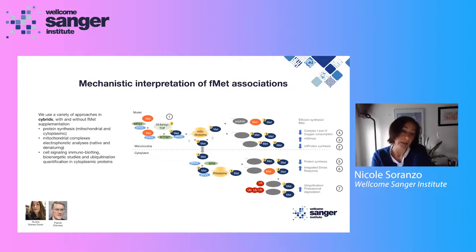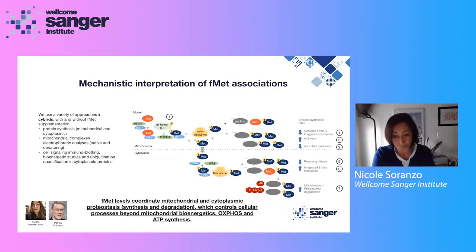What was really intriguing is that this effect on protein synthesis didn't appear to be mediated by the usual rapamycin-mediated pathway, but seemed to involve a role of FMET as an N-degron, controlling proteasomal degradation through ubiquitination.